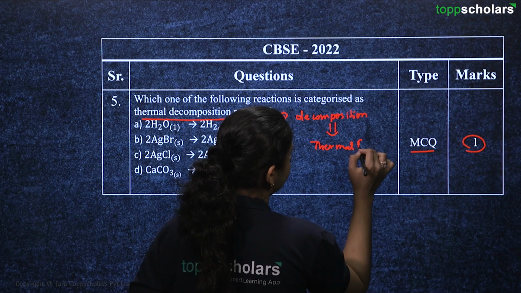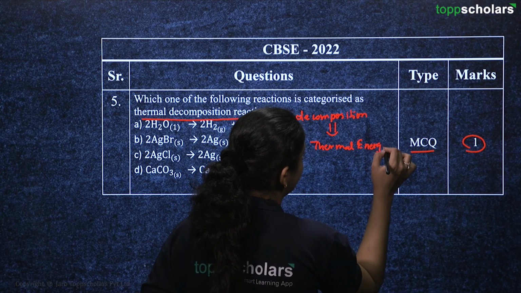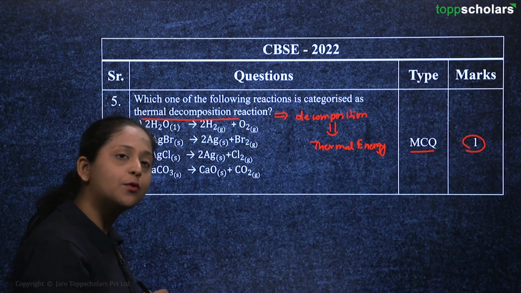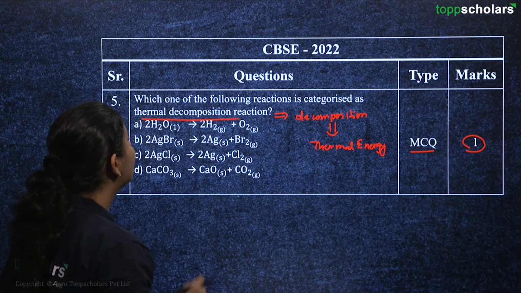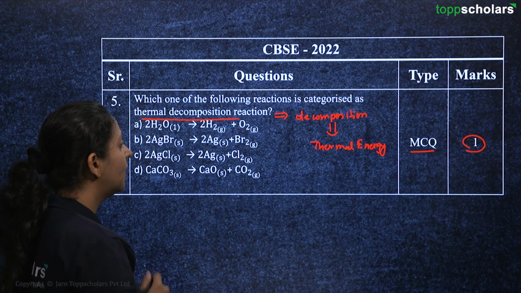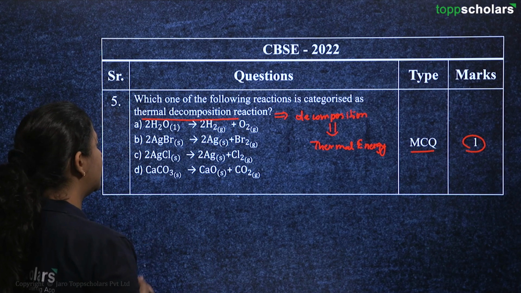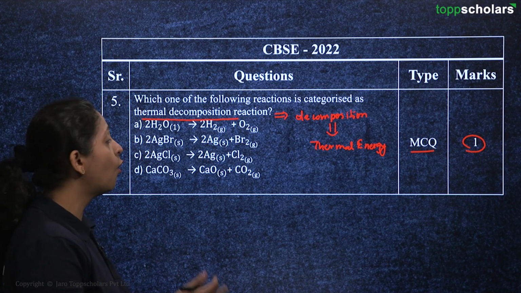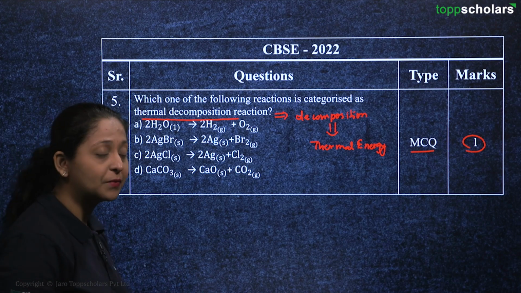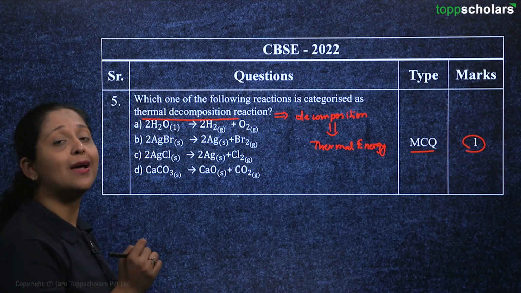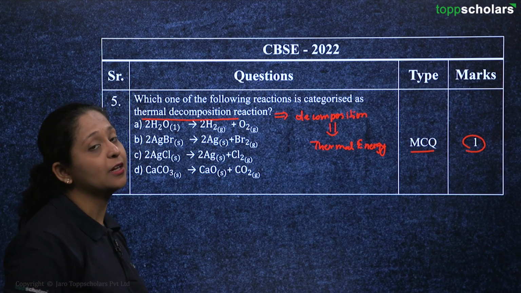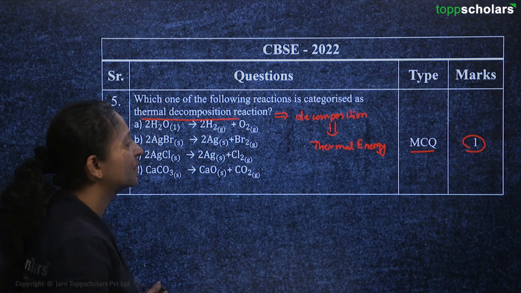Okay, that is, a particular temperature is required to carry out that decomposition reaction. That's why we call it thermal decomposition. Okay, so you are provided with different options where water, AgBr, AgCl and CaCO3 are all decomposed into different products. But which of the following will require thermal decomposition? That is what we have to answer.